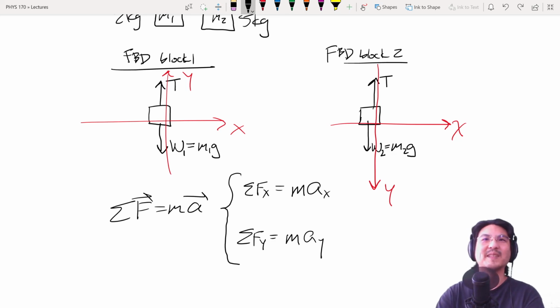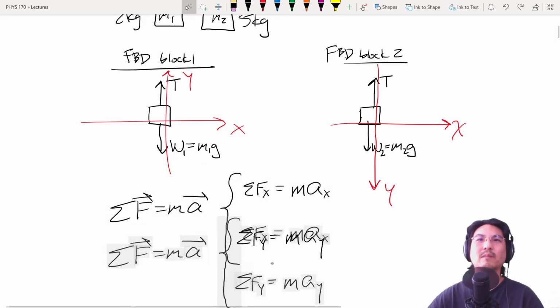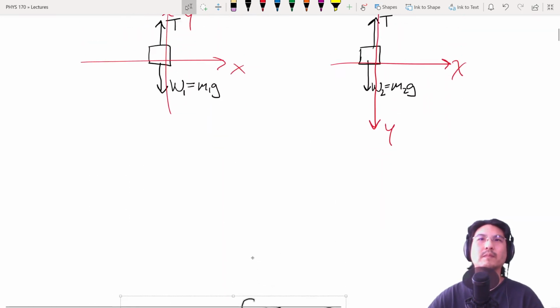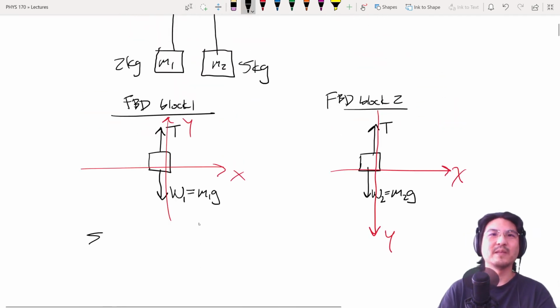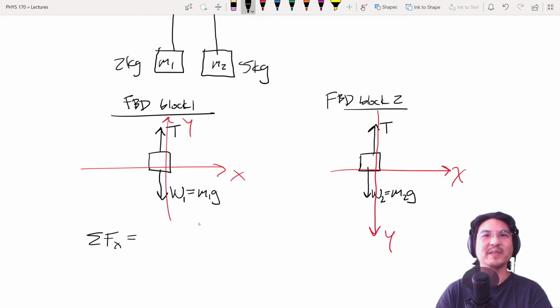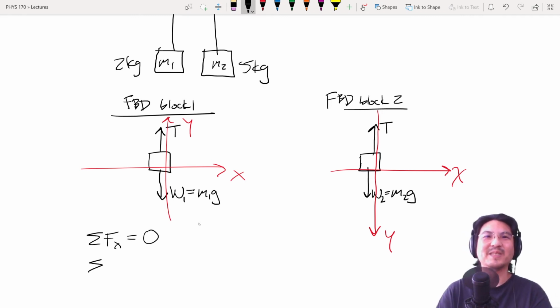So let's try that. So for block 1, sum all the forces in the x direction. There are none, so that was easy. Okay, sum all the forces in the y direction. So this way is y.